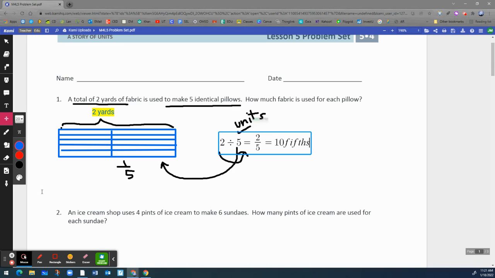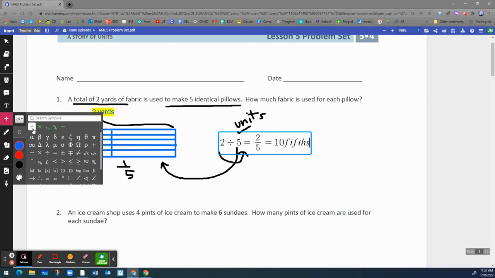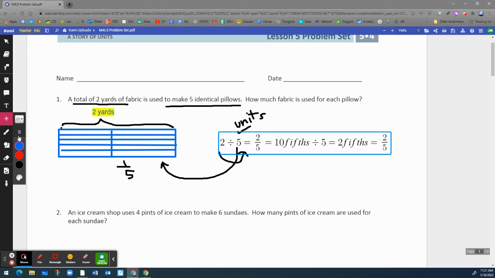And that's going to be divided, obviously, by the 5, because all we did was convert the 2 into fifths. So 10 divided by 5 equals 2. The answer is 2/5. And guess what? That's the same thing as the fraction that we started with. It is 2/5.